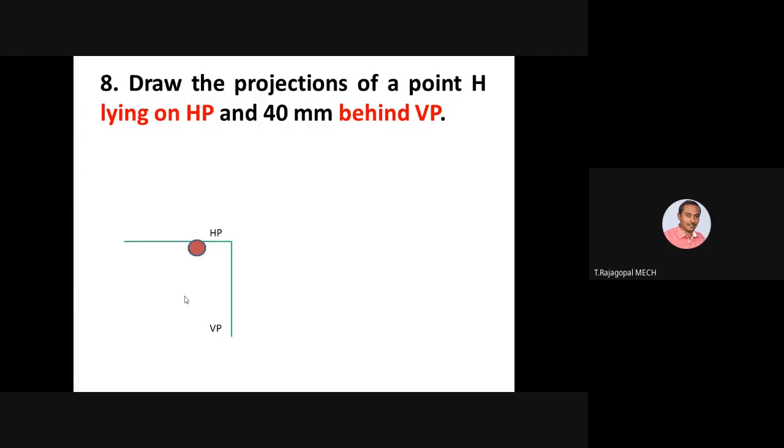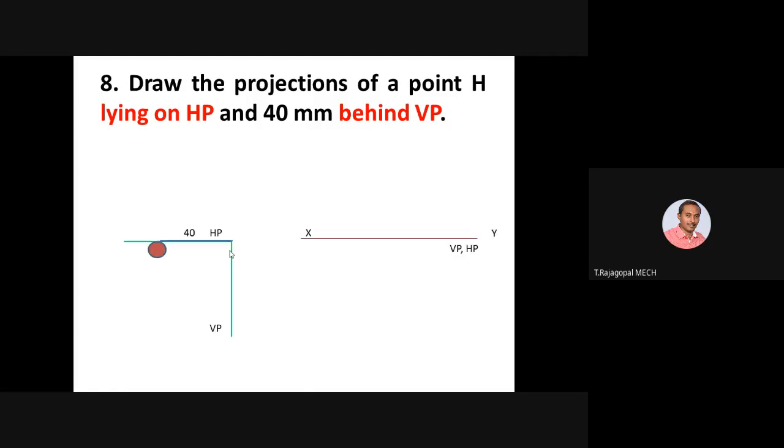Lying on HP, you can travel all throughout this HP plane, because being on HP you can travel anywhere. For fixing that point, they have given 40 mm behind VP.